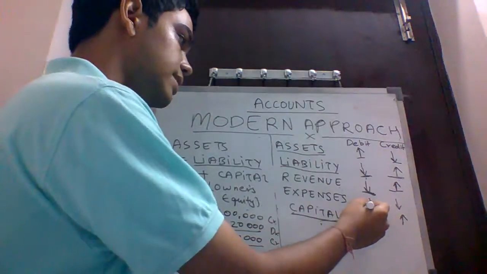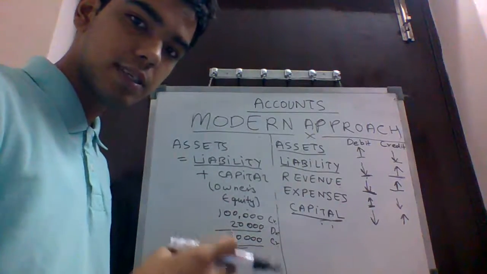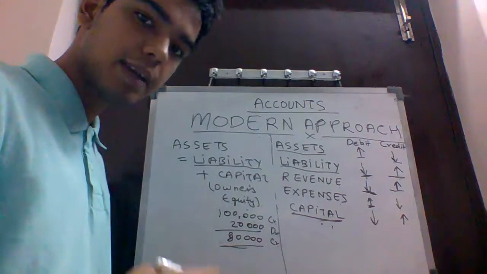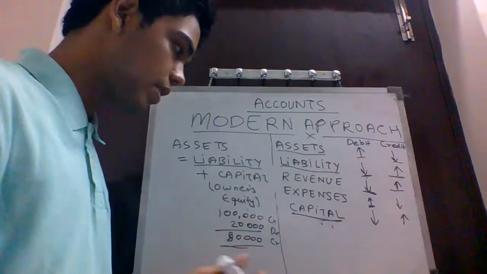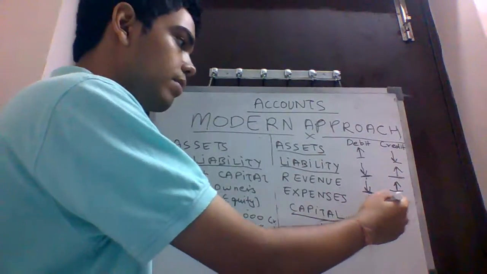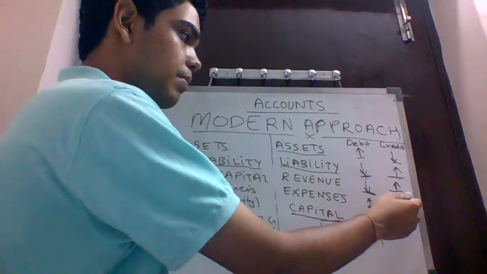So increase in expenses, that is when we have more expenditures, that is when we spend more in petty expenses like salary, rent, legal expense, wages, etc. We have debit, and when there is decrease in expenses, we will have credit balance.